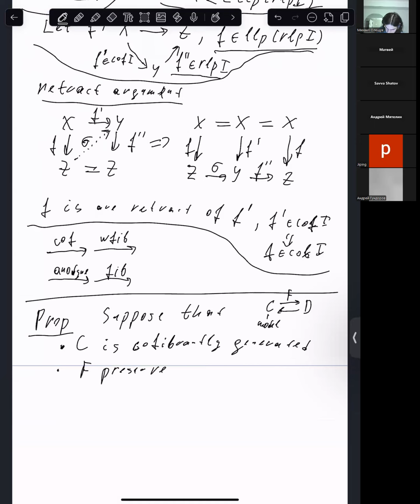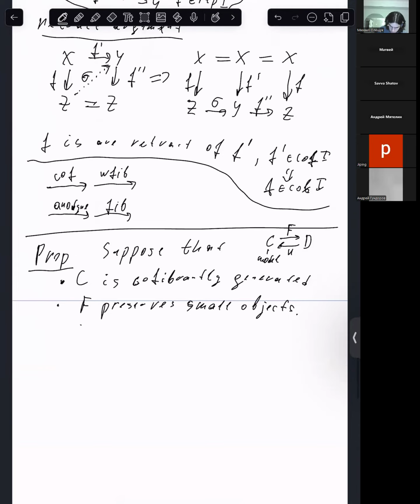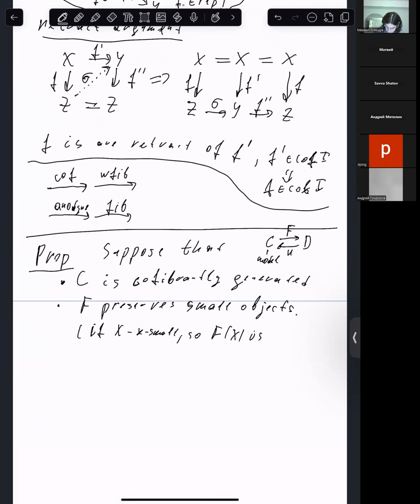F is a left adjoint functor and U is the right adjoint. Which means that if X is kappa small, then F of X is kappa small.